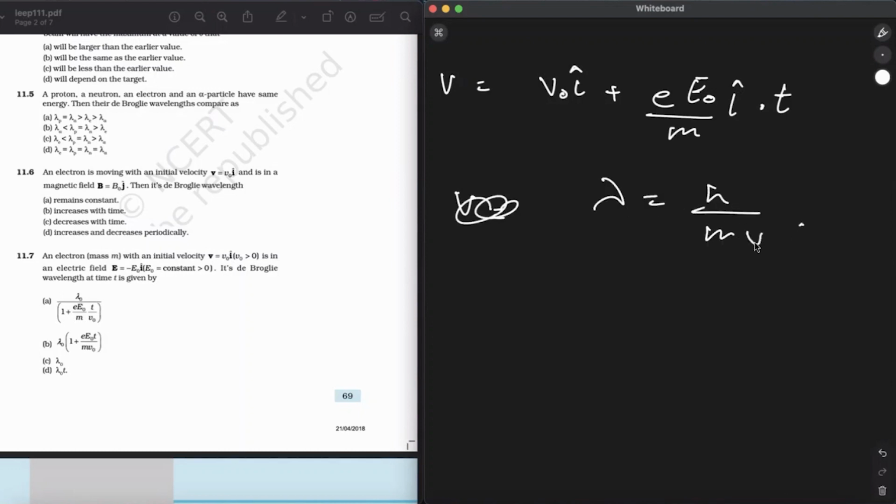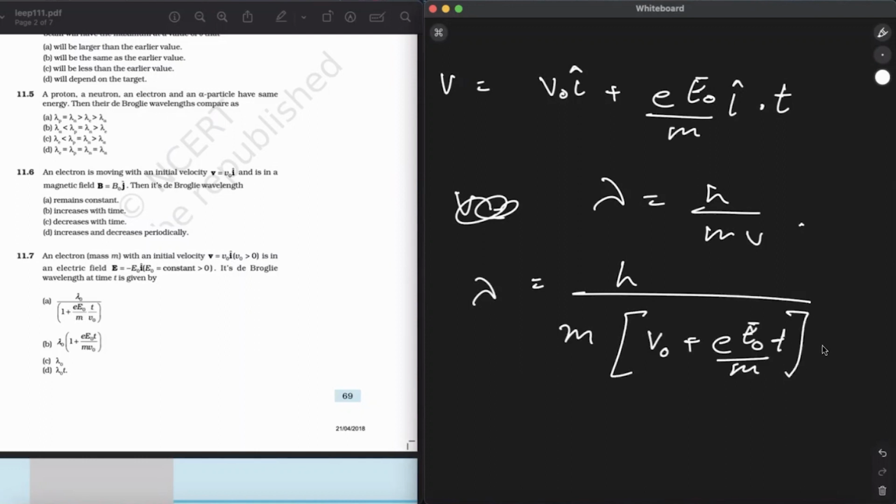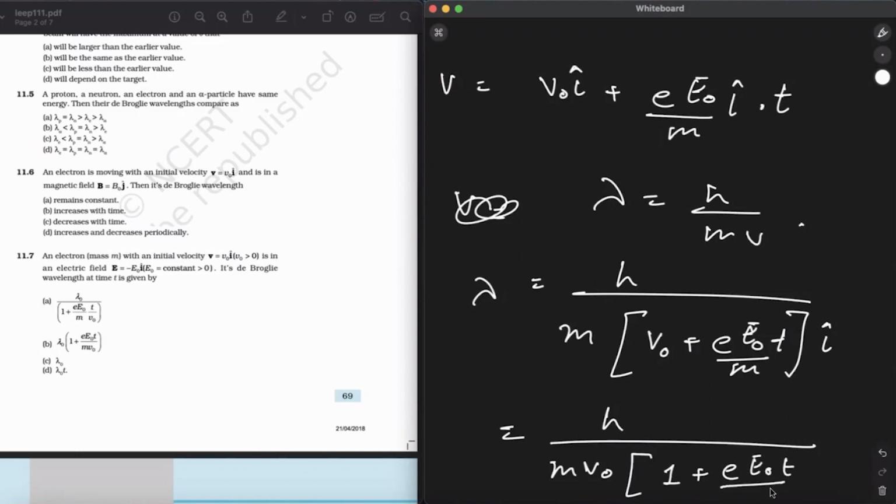Lambda is h upon mv. So lambda will be h upon m times (v naught plus eE naught t upon m). Taking the constant out, h upon m v naught, and 1 plus eE naught t upon m v naught.